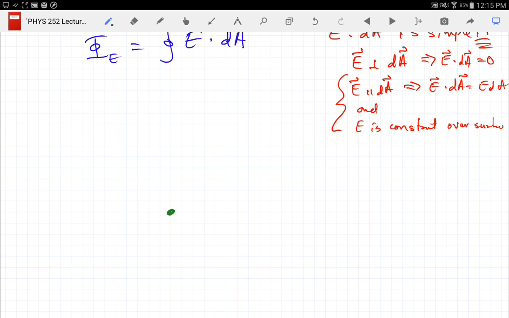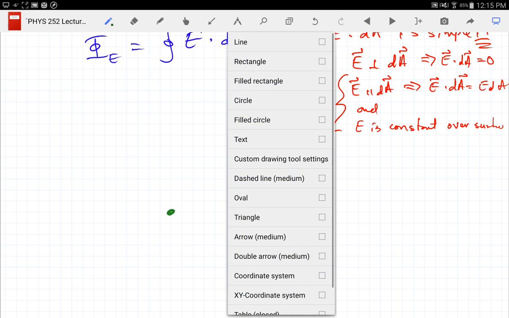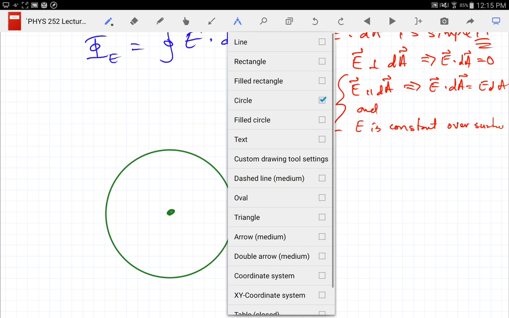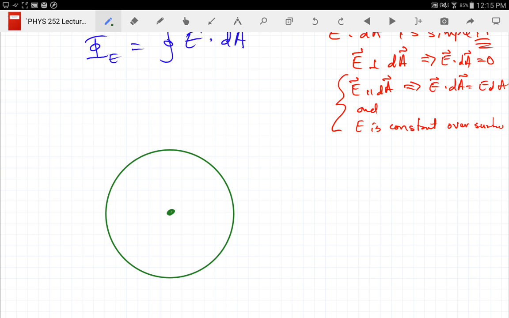Because my electric field is radially symmetric, if I put a sphere concentric with that point charge, then everywhere on the surface of the sphere the electric field is normal to the surface and the same strength everywhere.